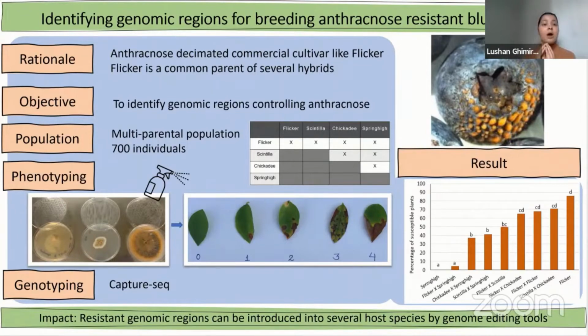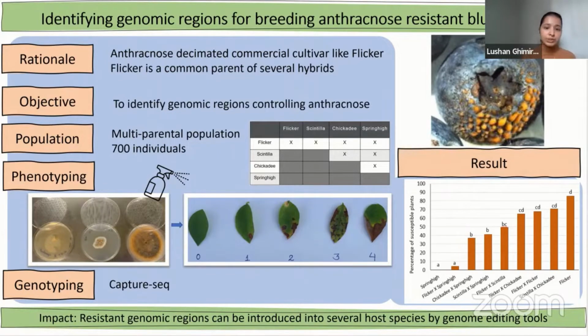Now for this, a multi-parental population in a 4x4 half diallel design was built with a total of 700 individuals. And I'll briefly tell you how a 4x4 half diallel design looks. The design looks visually exactly how it is shown in the gray-white table here in the middle, with 4 different parents.